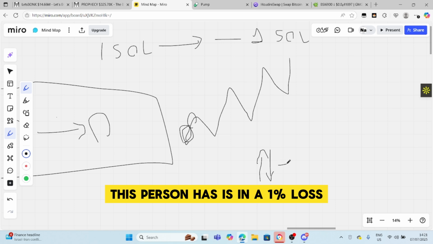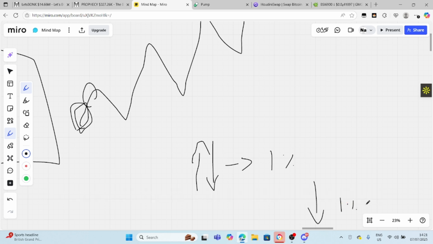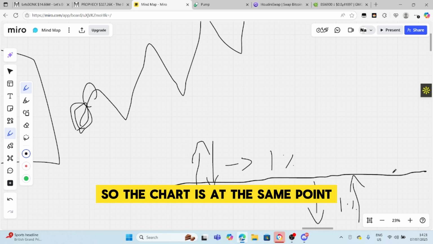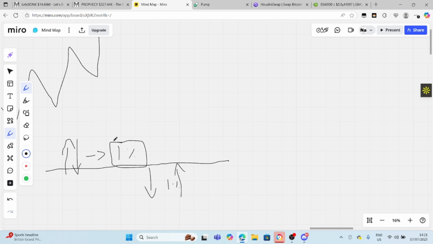This person is at a 1% loss. He gets sad and then sells at a loss of 1%, and then we buy. So the chart is at the same point, but our treasury has grown.